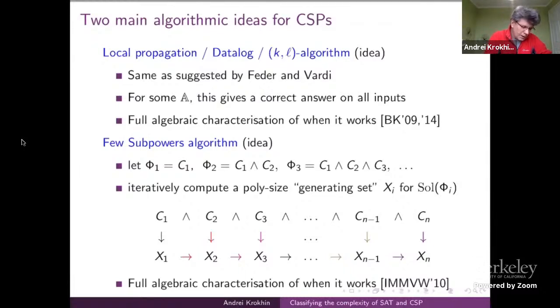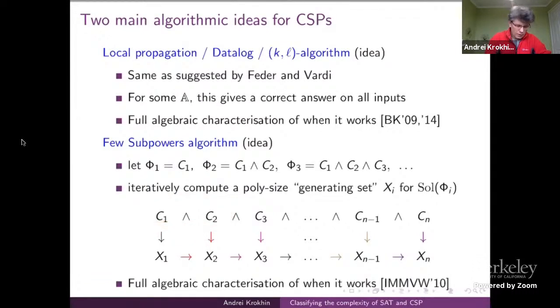So again, you take your instance and you throw in constraints one by one. C1, then C1 and C2, then C1, C2 and C3, and so on. And then you iteratively compute a small poly-size generating set for these instances. So you start from C1, you get a generating set for just this one constraint. Then you have this generating set, you add C2, and from X1 and C2, you compute X2, a small generating set for these.